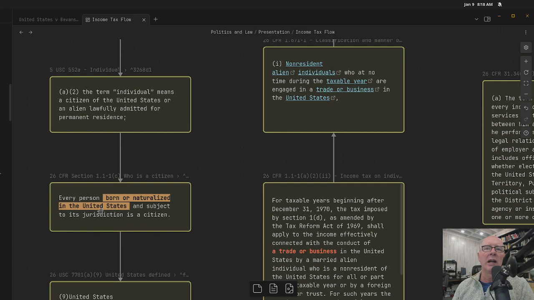And so Section 1.1, now this is the CFR. The CFR is the Code of Federal Regulations, and the USC is actually the law. The CFR is a more wordy version. It's the thing that the agencies actually go create.